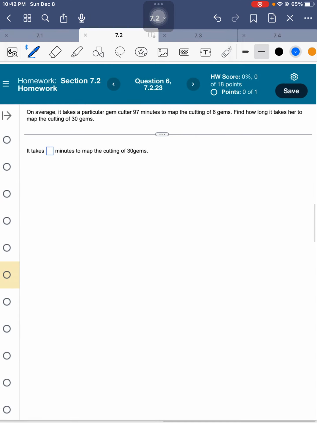And that's it. Now, on average, it takes a particular gem cutter 97 minutes to map the cutting of 6 gems. Find out how long it takes her to map the cutting of 30 gems.